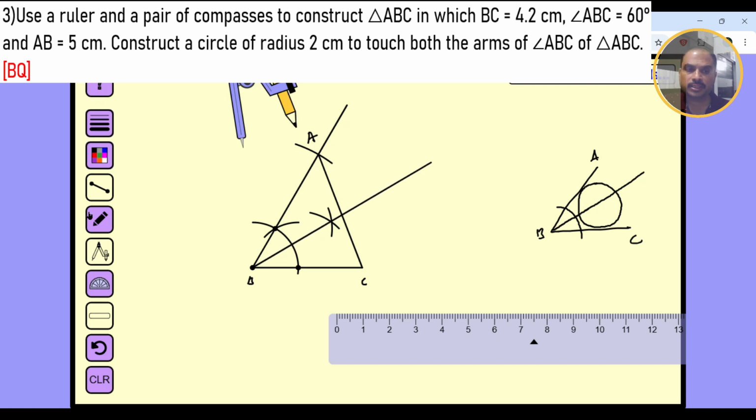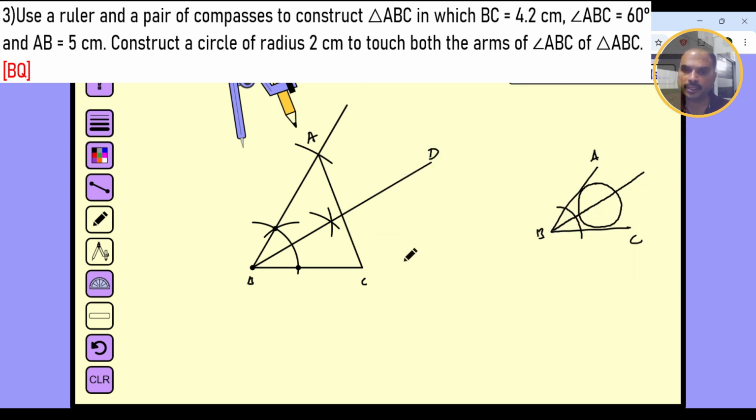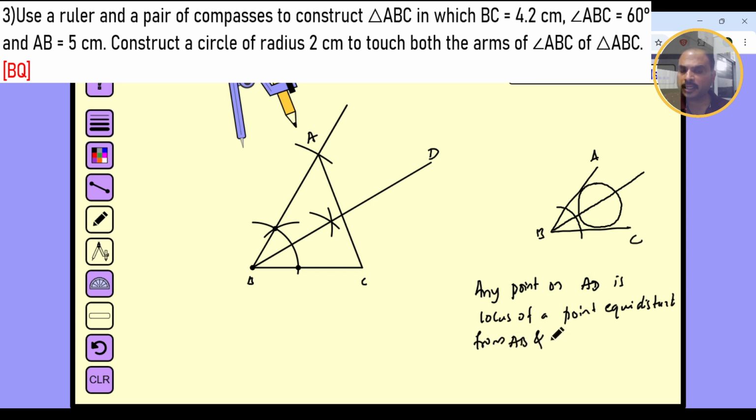I'll just call this one as D. So I can write over here, any point on AD is a locus of a point equidistant from AB and BC. Now what they are telling, I need to draw a circle which is of radius 2 centimeter and which should touch AB and BC.